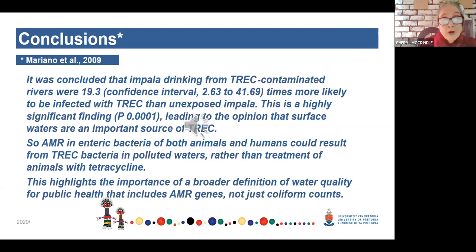So the AMR in enteric bacteria in both animals and humans could result from Trich bacteria that were actually in the environment and not resulting from treatment of the livestock with tetracyclines. And it also highlighted the importance of a broader definition of water safety for public health, because drinking water could contain AMR genes.